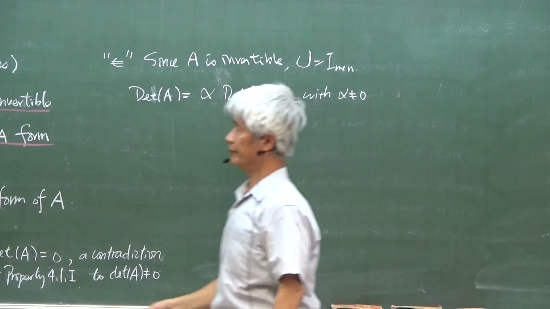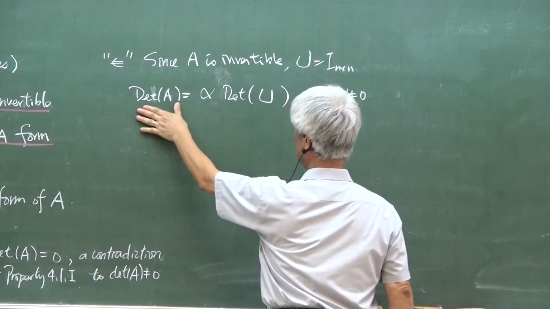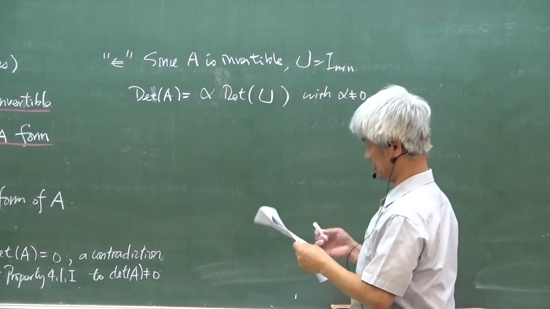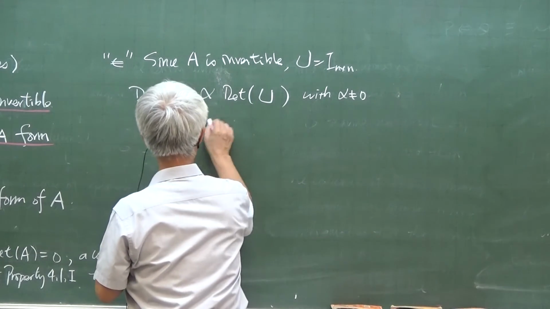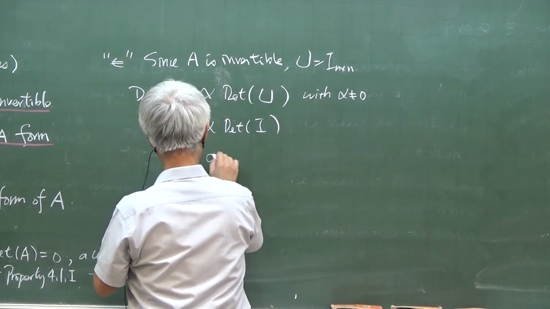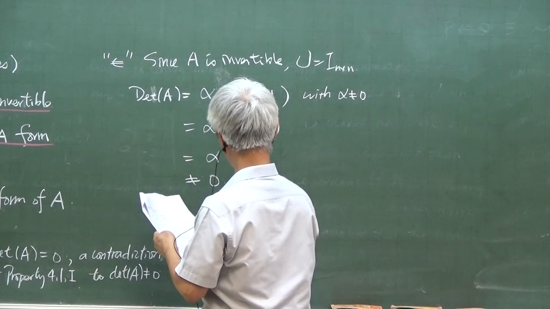As we know, to obtain U, we apply elementary row operations. When we apply row operations, every time we multiply with a non-zero constant. So finally, we have the relationship: determinant of A is equal to alpha times determinant of U, and alpha is not equal to 0. So this is alpha times determinant of I, which is alpha, not equal to 0. Okay. So we have done.